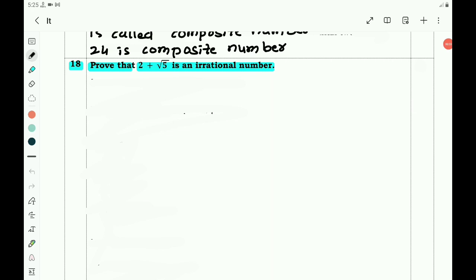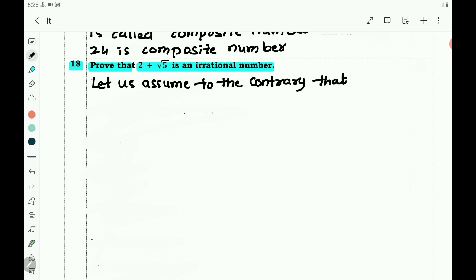If it is rational, you can express that in the form a by b.